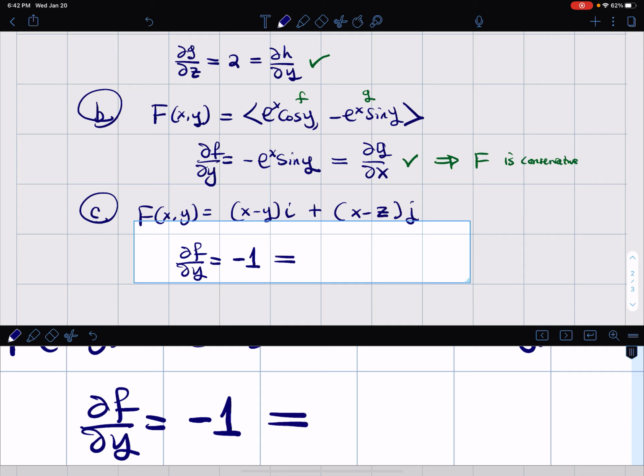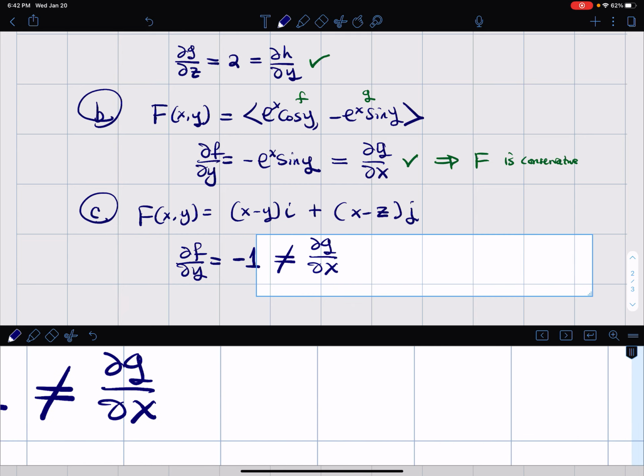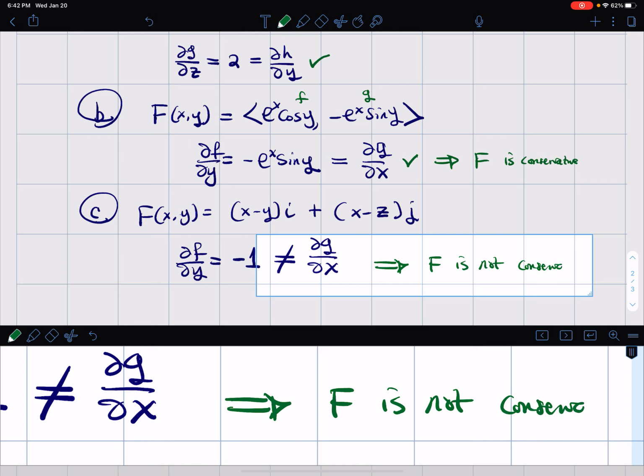Is this equal to dg/dx? dg/dx is 1. So this is not equal. Therefore, the vector field is not conservative. F is not conservative. All right?